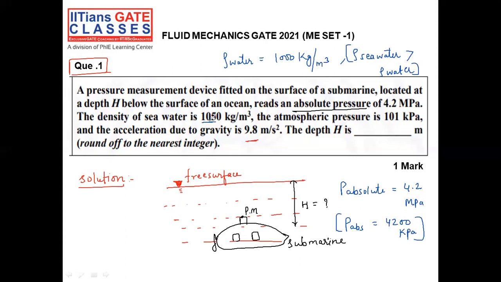Now, how to calculate depth? We have the formula: absolute pressure is equal to atmospheric pressure plus gauge pressure. Note down this as formula number 1.